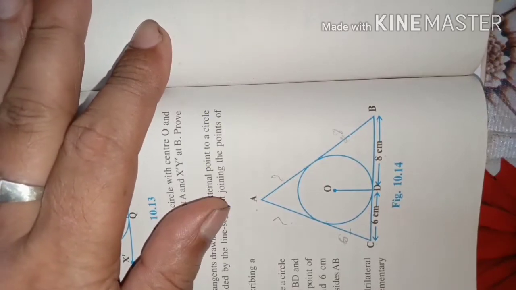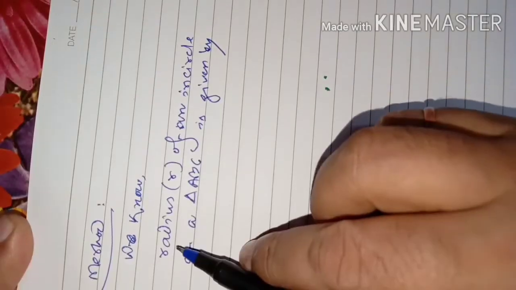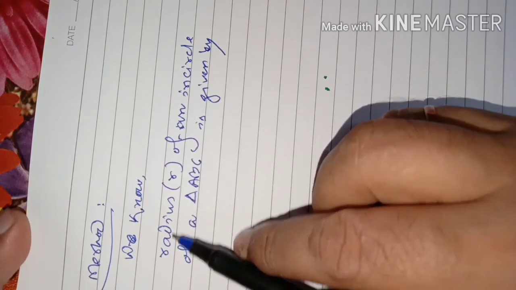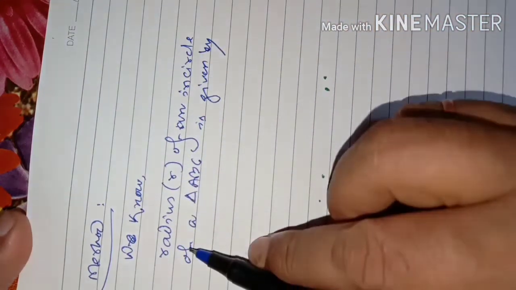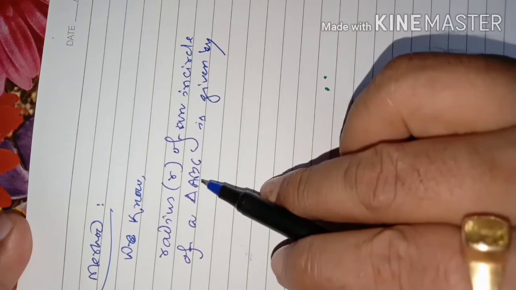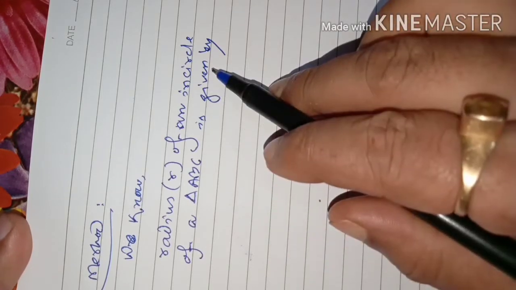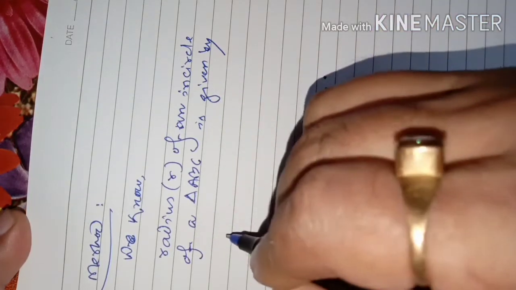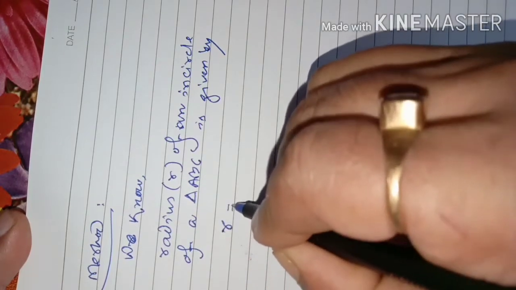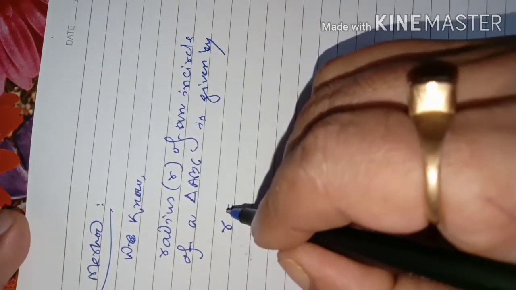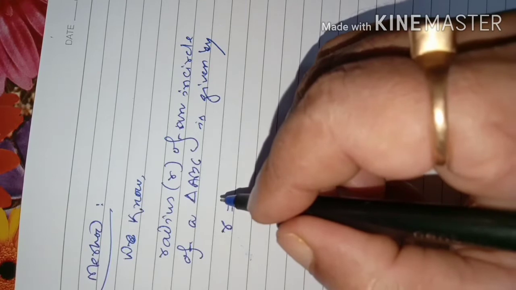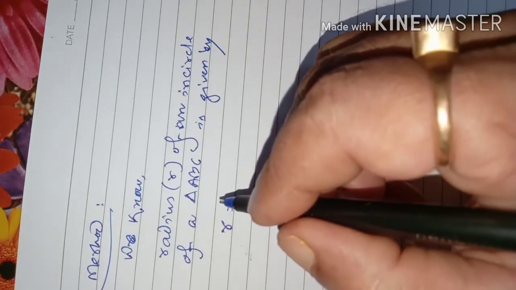R equal to, so here what I am going to write, radius R of an incircle of a triangle ABC is given by, so this formula that I am writing here, it is not that suddenly I am giving from somewhere. How this formula is derived, I have given in one of the theorems.